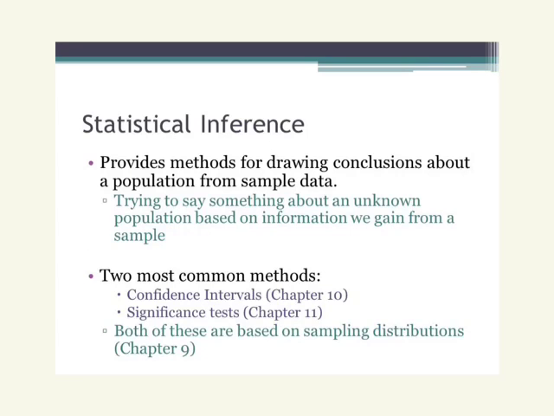As we get into Chapter 10 today, I want to remind you of this concept of statistical inference. This is what we're going to spend the rest of the semester covering. When we think about statistical inference, the whole idea is that we're going to try to draw some conclusion about a population from sample data. If we could find out things about a population easily, there would be no point for statistics.